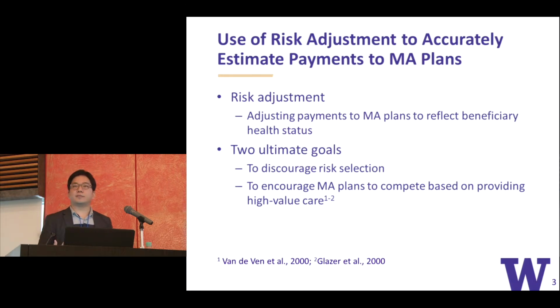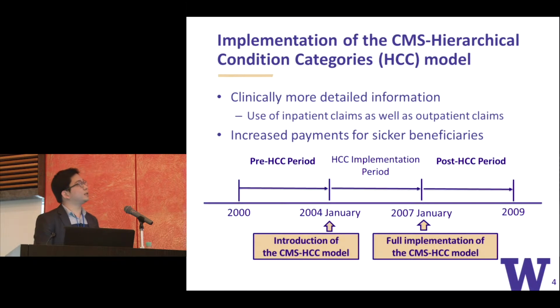If risk adjustment enables us to estimate each individual's expected expenditure as close to the actual expenditure, then ultimately I think it would reduce health plans' risk selection, and also it would induce health plans to compete based on providing high-valued care. So to more accurately capture each individual's health status, a new risk adjustment has been developed. And this is known as the CMS-HCC Model.